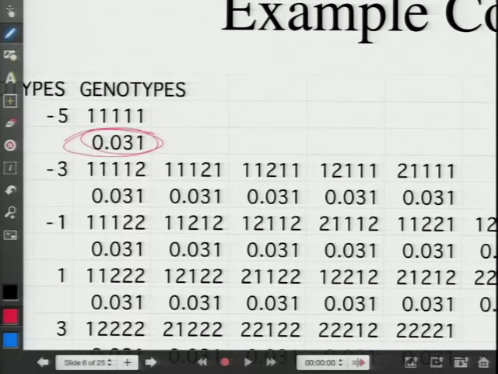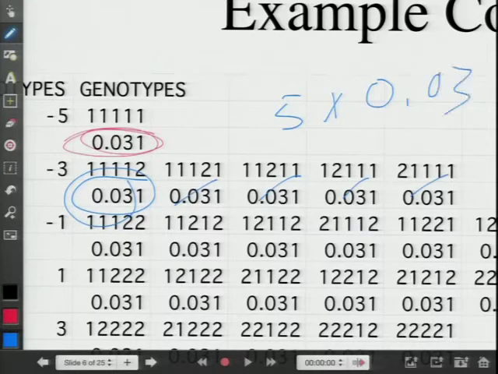If all those alleles have a frequency of 0.5, then any one combination of them has a frequency of 3%, but this phenotype has 5 times 0.031.